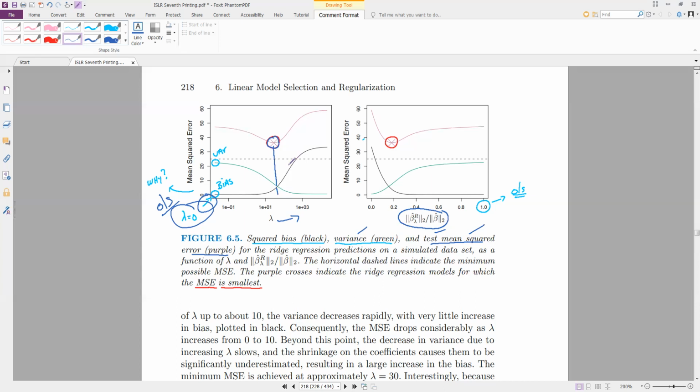So it's a trade-off of the two, but you're usually not trying to minimize one exclusively, right? The purpose isn't to minimize variance for whatever you can do. You're not going to select a value of lambda over here and then brag to your friends that you're able to get the variance really low.